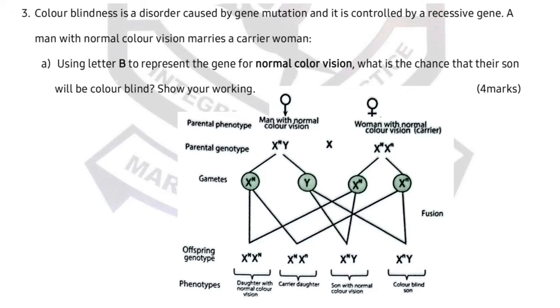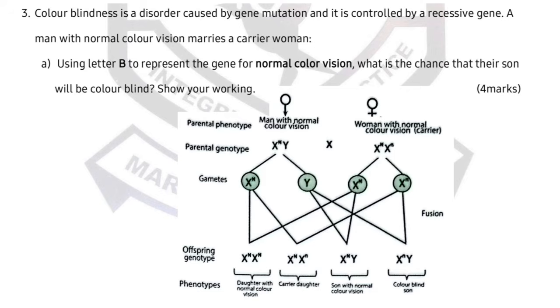So in this case, what will happen is that the woman is going to be heterozygous. So she is going to have one normal allele, and the other allele is going to be responsible for color blindness. So her genotype is going to be as such. So we're going to separate these into the gametes and do our crossing, and that is what the genotypes of the F1 generation will be.